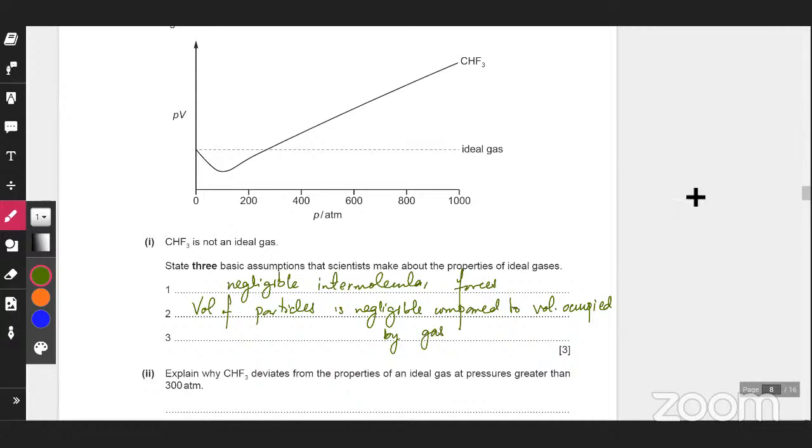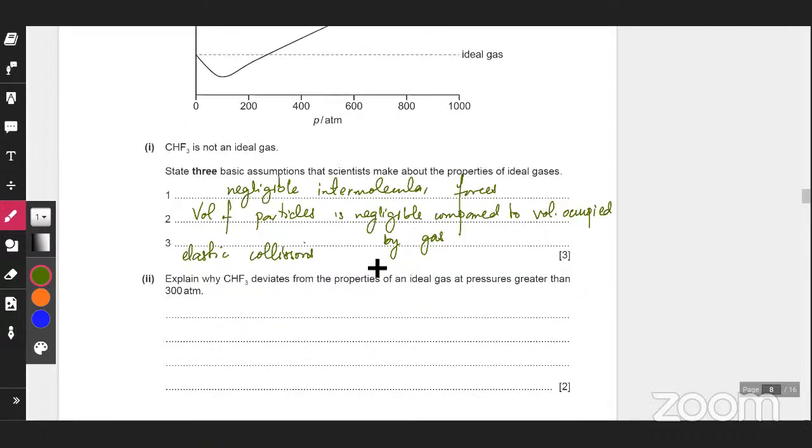And number three is that the collisions are elastic.